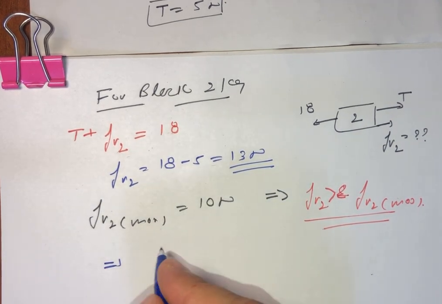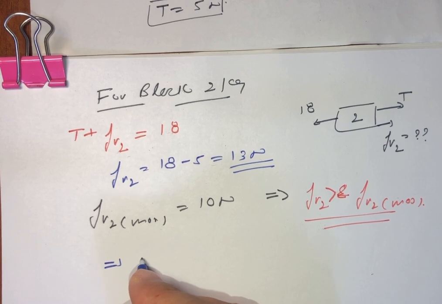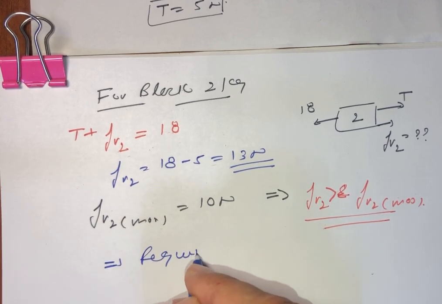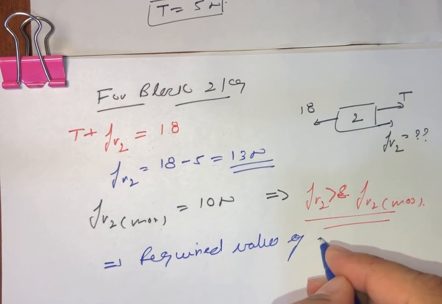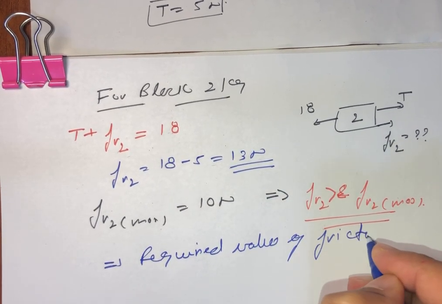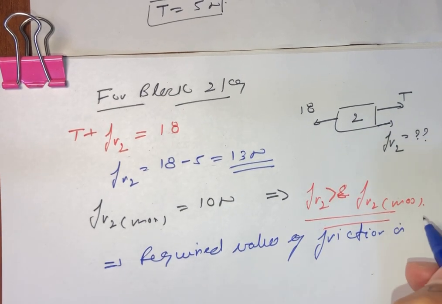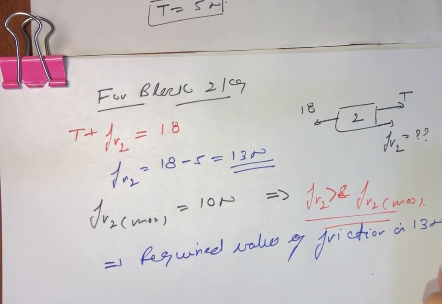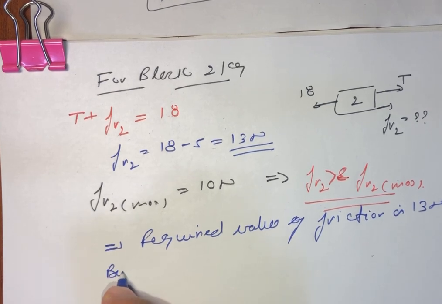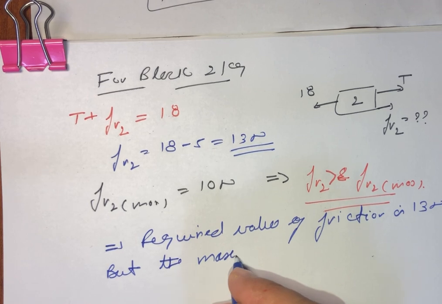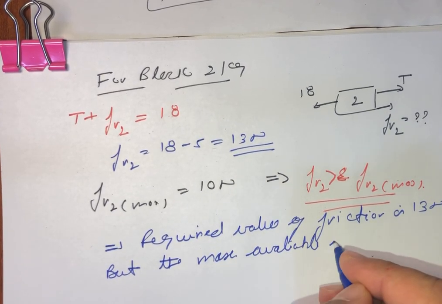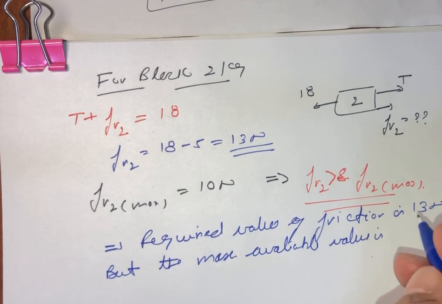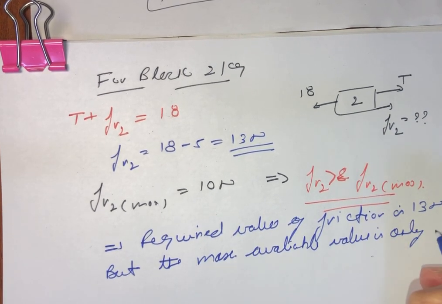Let me write it here. That is, required value of friction is 13 Newton, but the maximum available value is only 10 Newton.